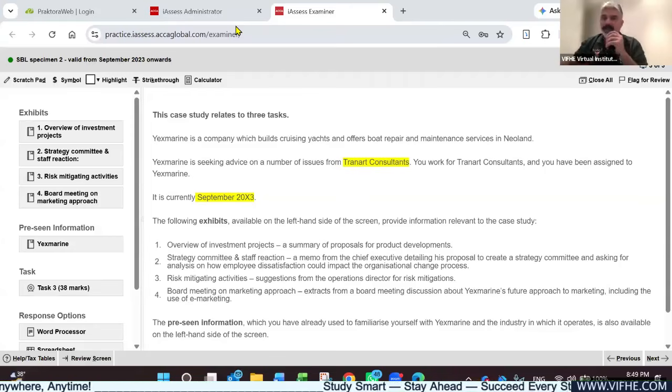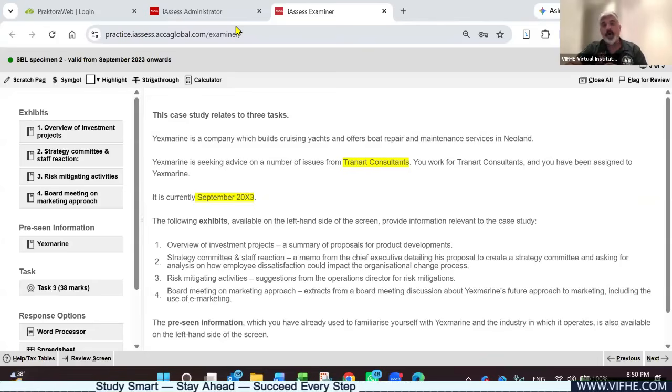So I have a shortcut of it. I want to see all the tasks on one page. Will that help? If I have all the tasks on one screen, will that help?